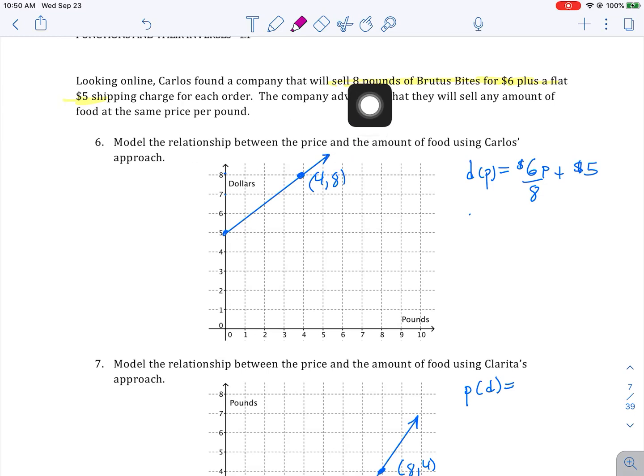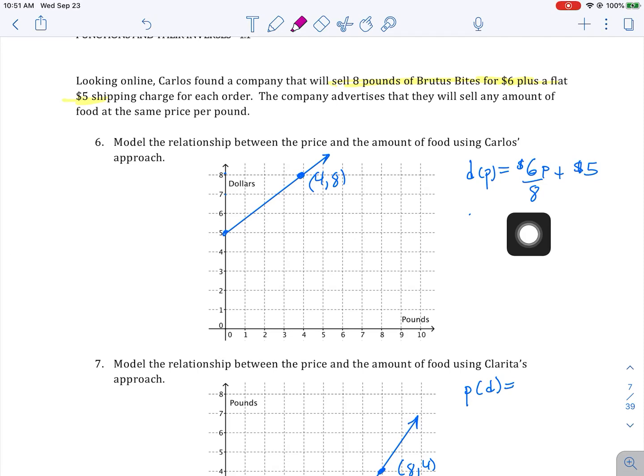And so then they say, well, what about this one? If it's 8 pounds for $6, but you get a $5 shipping fee, what would it be? So in terms of dollars, you've got that $5 plus for every $6, you have 8 pounds.